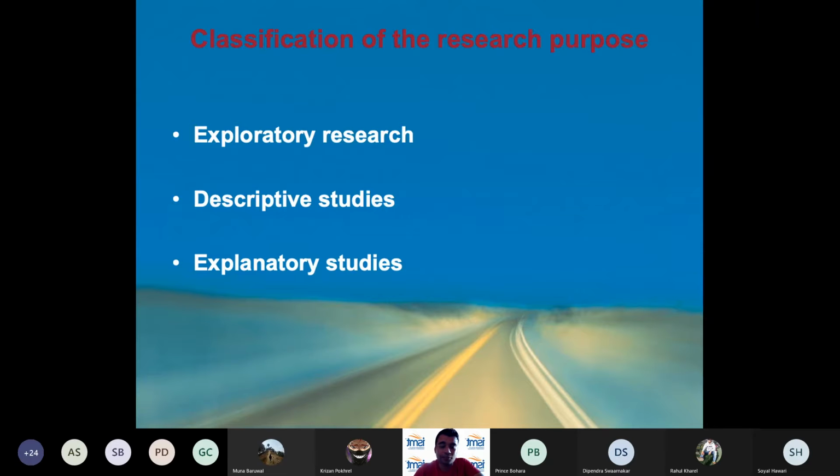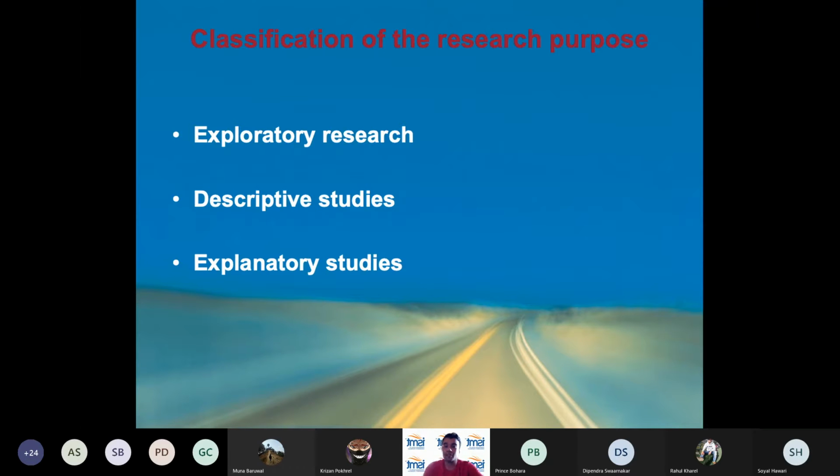And if you describe how they are being affected by the excessive use of technology, then that kind of question is associated with descriptive research. You describe the relationship between the phenomena. In explanatory research, you find the reason why. It explains the relationship between the variables.